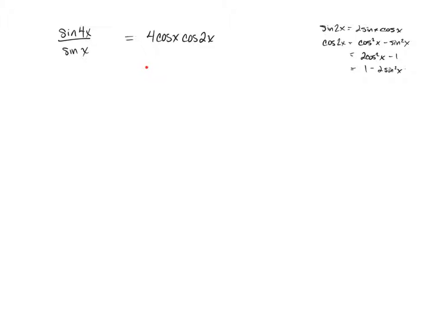Now, depending on the teacher involved here, some teachers are very strict about saying that you can only make substitutions on one side of the equal sign, and others are more lenient, say you can make substitutions here, you can make substitutions here, as long as at the finish line the two things are equivalent. Personally, that's my school of thought, because it doesn't violate the concept of what an identity is.